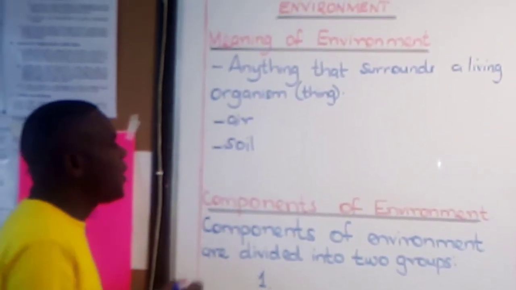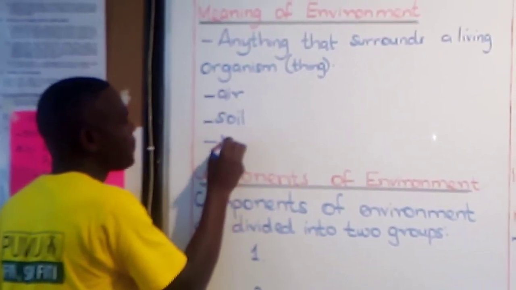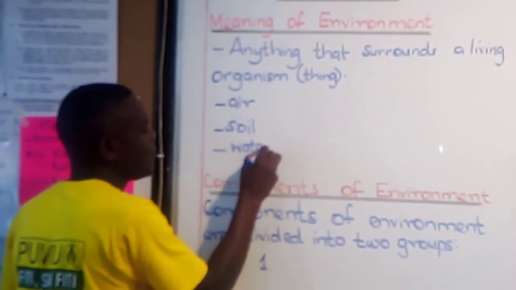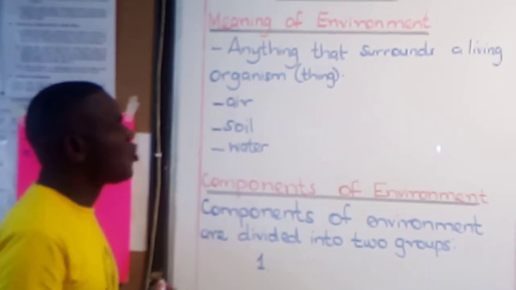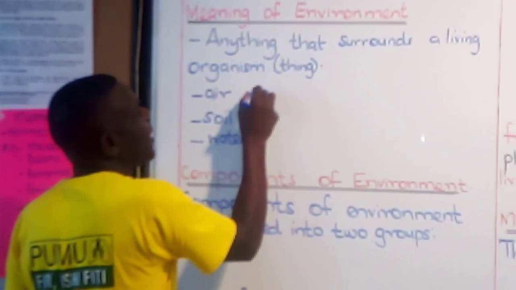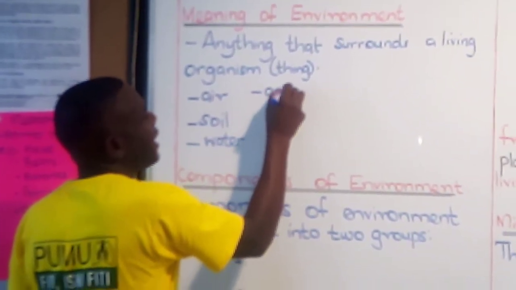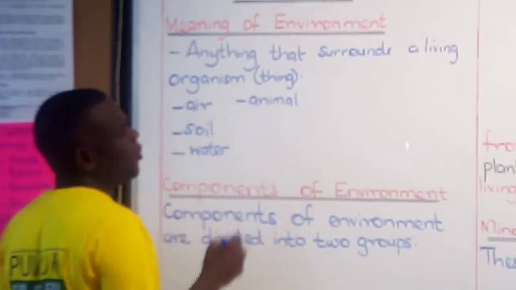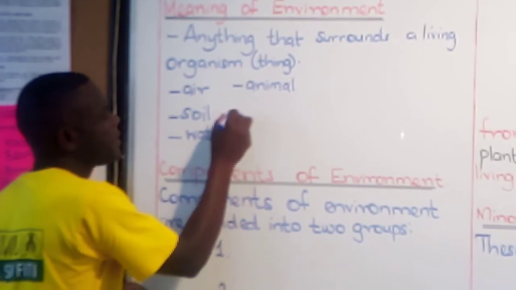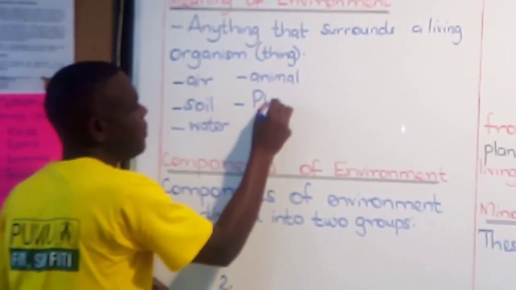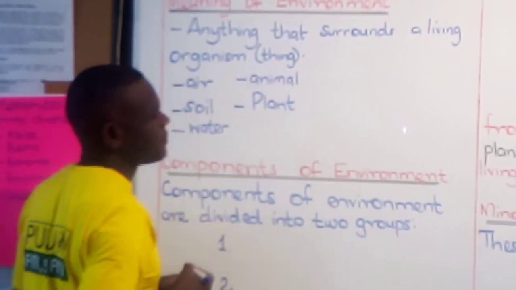Yes? Could we also say water is part of it? Could we also say other animals? Other animals are also part of environment. And if they are animals, also plants are part of environment.